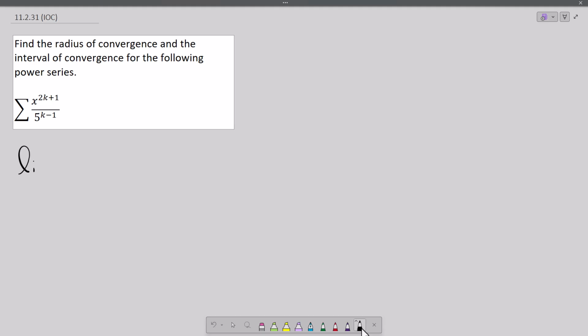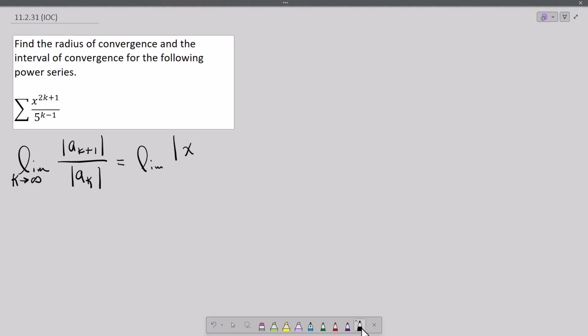So we are going to use the ratio test here. The limit as k goes to infinity of the absolute value of a sub k plus 1 divided by the absolute value of a sub k. So the ratio of consecutive terms. So first we're going to replace the k with k plus 1. We're going to have an absolute value.